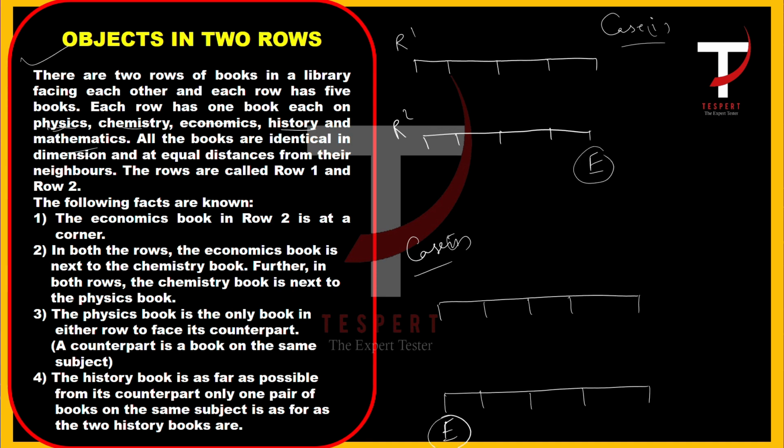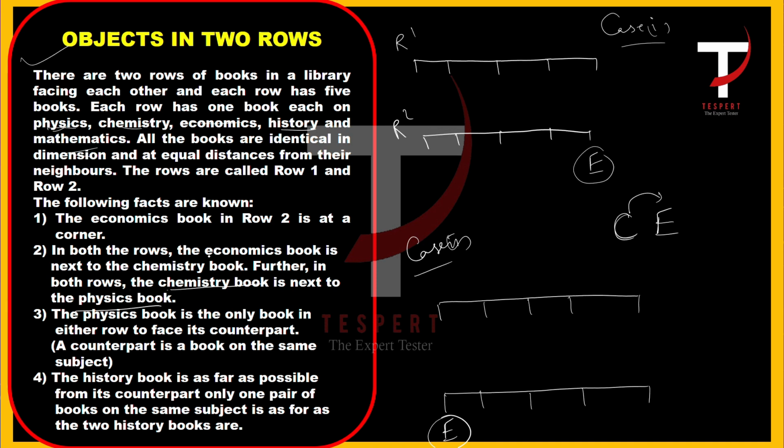In both the rows the economics book is next to the chemistry book. Further, in both the rows the chemistry book is next to the physics book. So economics book is next to chemistry book, and further the chemistry book is next to the physics book.